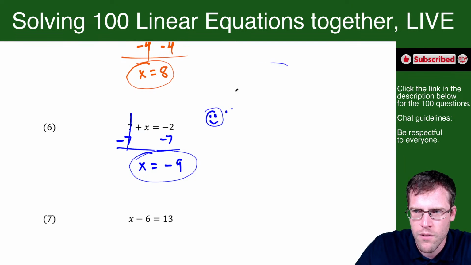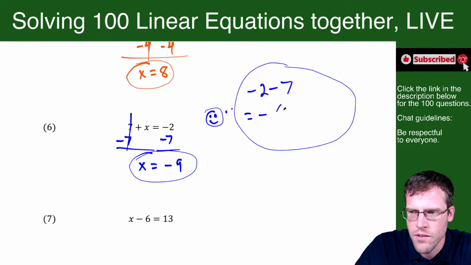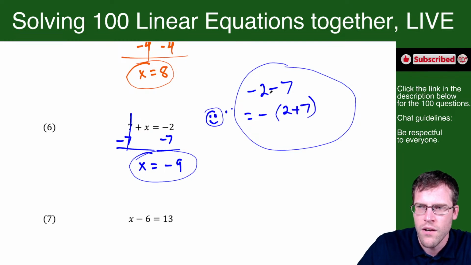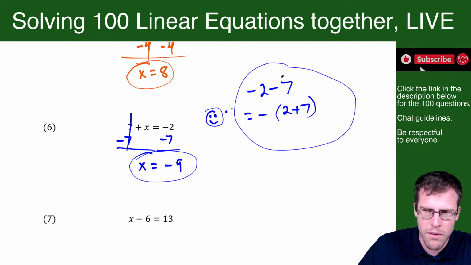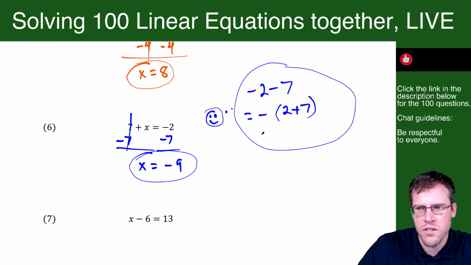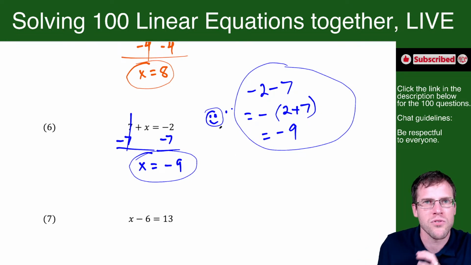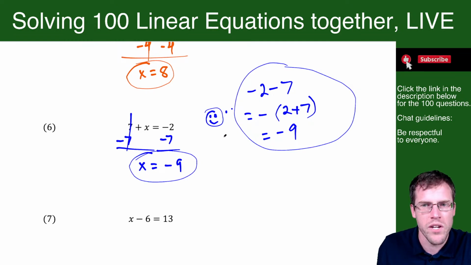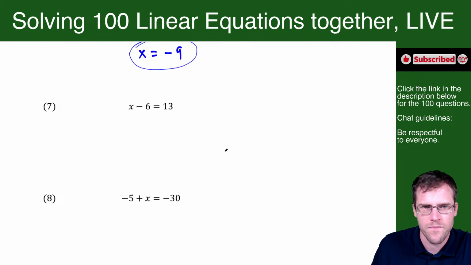In my head, when I'm doing minus 2 minus 7, I'm really just saying negative, and then I'm doing 2 plus 7. Because when you have a negative and then minus some number, I just do negative, and then 2 plus 7 is 9. So that's how I'm getting negative 9 in my head. So just be careful with the integer stuff, because that's a common thing people struggle with when they're solving linear equations. Just be really comfortable with adding and subtracting integers.